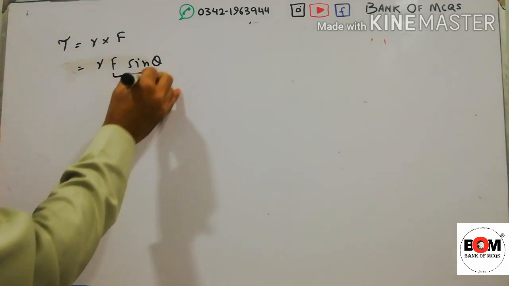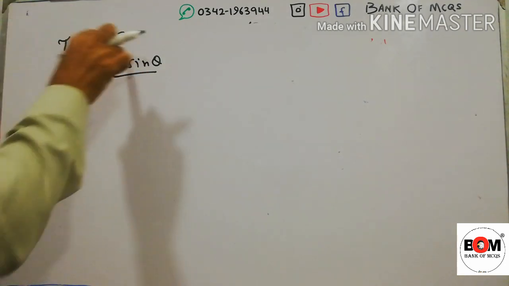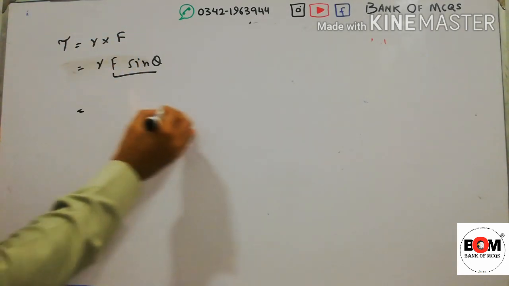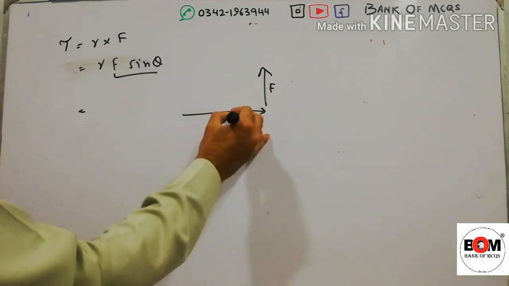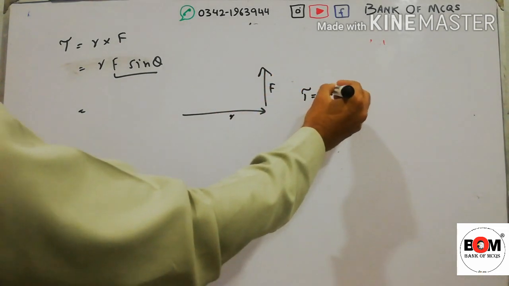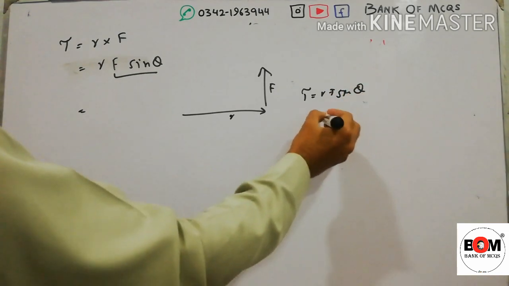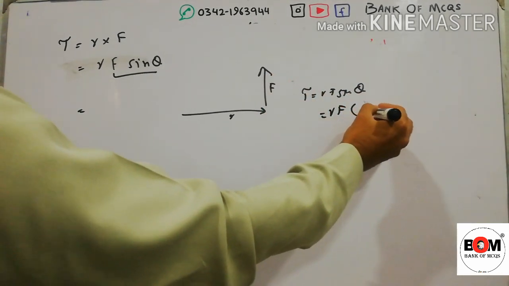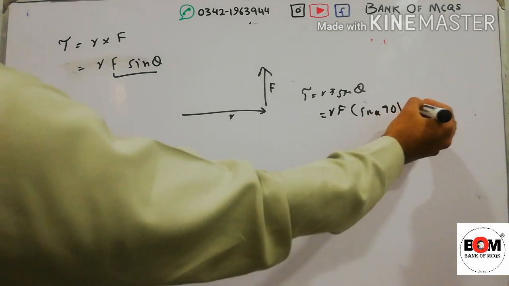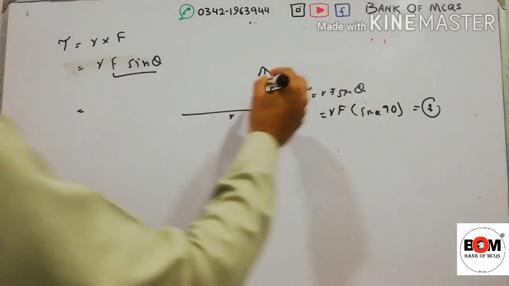What is F sin theta? That is the part of F that is perpendicular to R. So if this is R and force acts on it, torque is equal to RF sin theta. In this case, where theta is 90, sin 90 is equal to 1, so maximum torque will be produced.